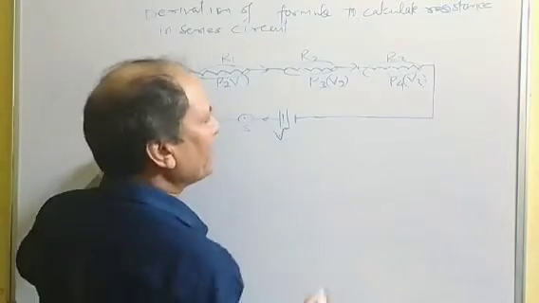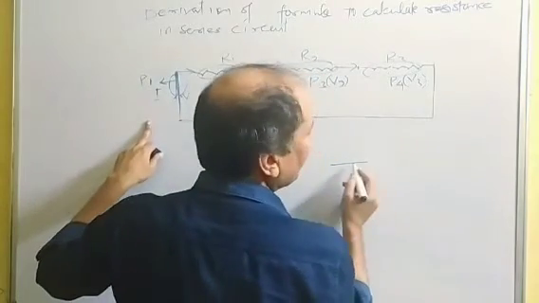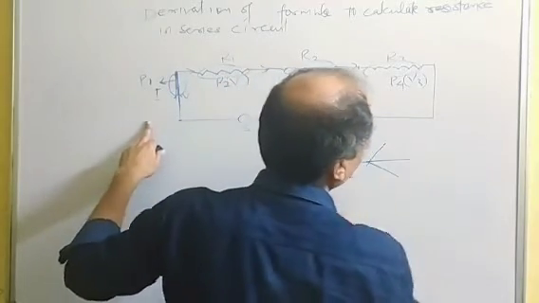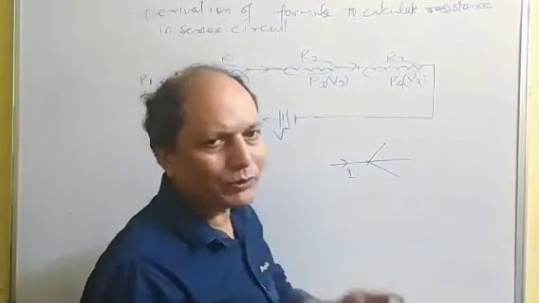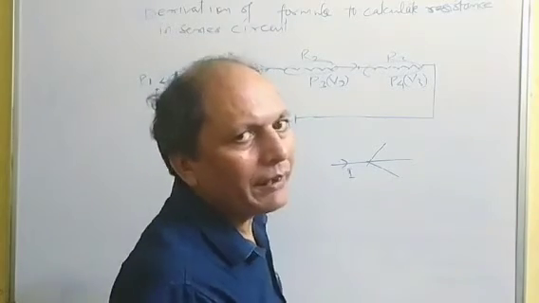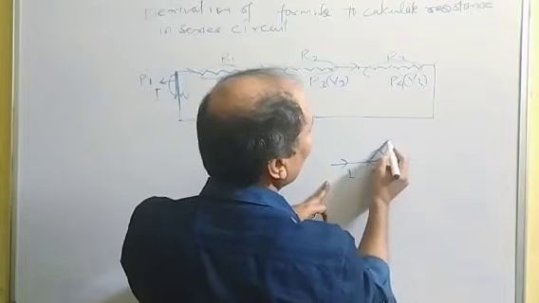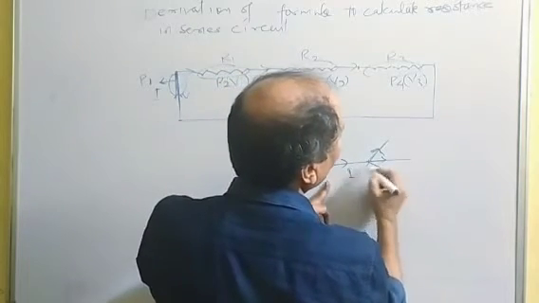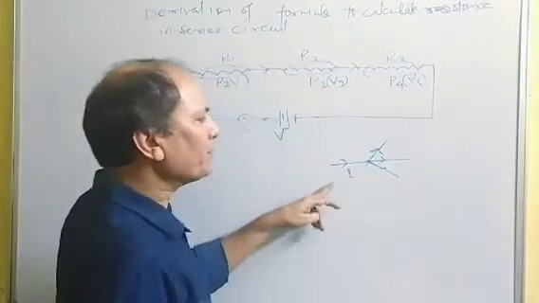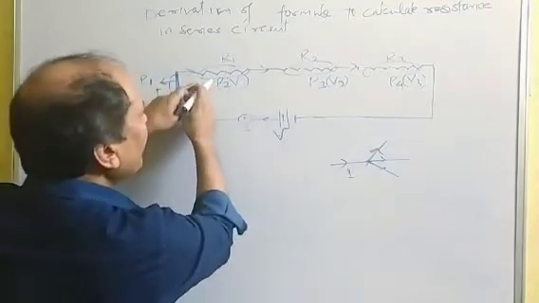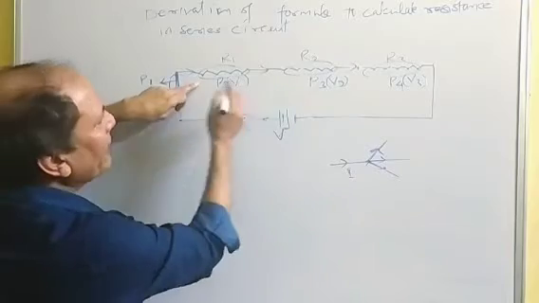Now I am telling you a case. Suppose the current is going here, but if current is distributed, some current goes here, some current goes here, some current goes here. In this case current is distributing, but in a series circuit there is no distribution of current.